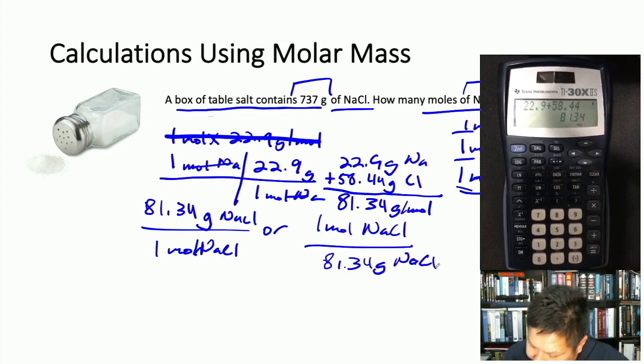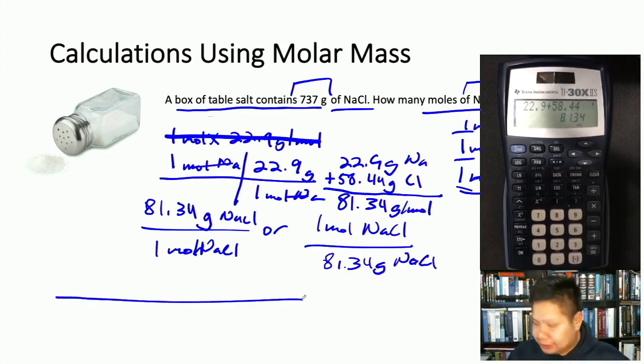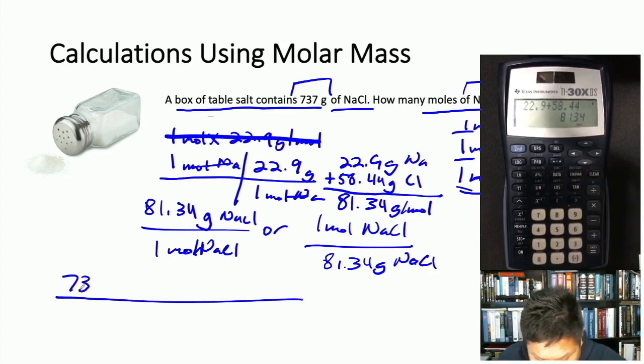We'll decide that by starting our dimensional analysis. We have grams of NaCl already in the question, 737 grams of NaCl. We want to cancel out grams to get to moles, so we'll use this one.